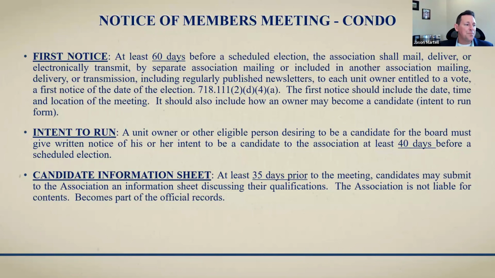So why they didn't just have it submitted with the intent to run, people smarter than me came up with that. I don't know. But that's it. At least 60 days first notice, intent to run at least 40 days, candidate information sheet at least 35 days.